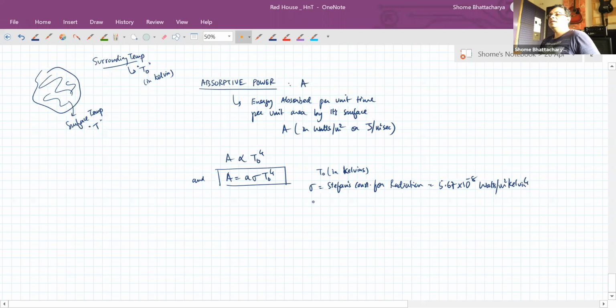And a over here is absorptivity. So again, it is a material factor or a material property, and it is a dimensionless term, less than 1 for any actual material.